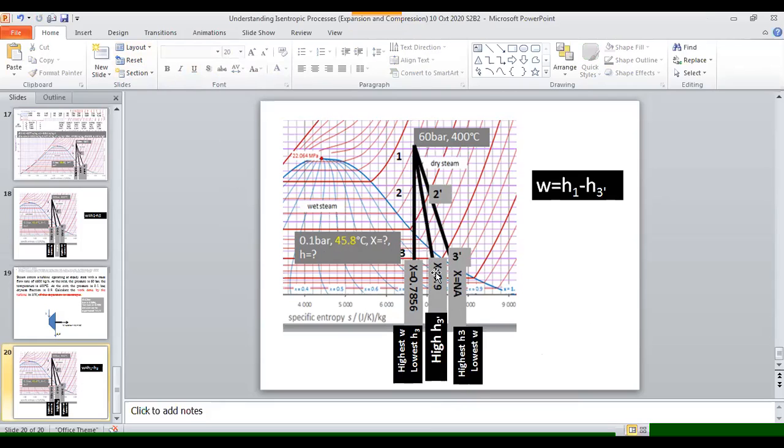So x is 0.9. So you have to look into this. At x equals 0.9, your pressure and all remains the same. So this is your situation.